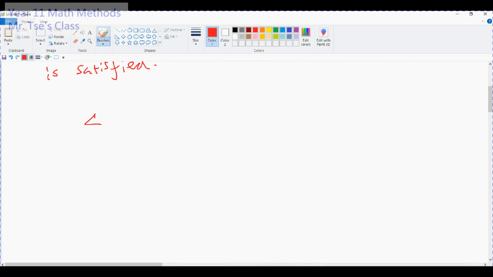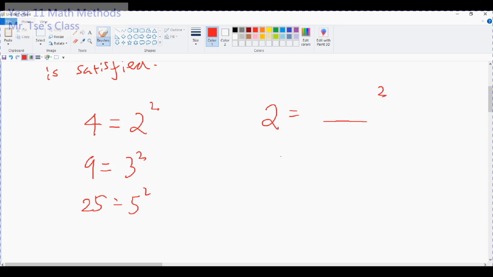Like you can always write 4 equals 2 squared, 9 equals 3 squared, 25 equals 5 squared, etc. But some numbers are not square numbers. Can I rewrite 2 as something squared? Can I rewrite 3, 7, 11 as something squared?